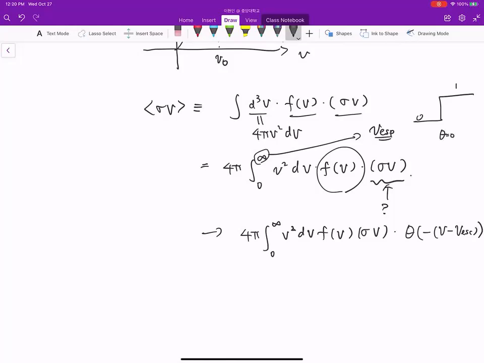With v equal to v escape. So zeta, then you can account for the dependence on the escape velocity.